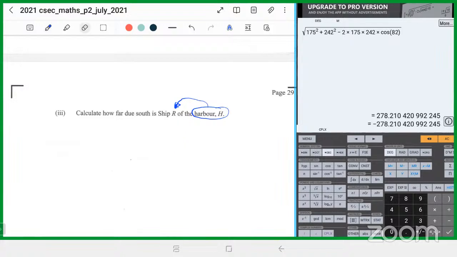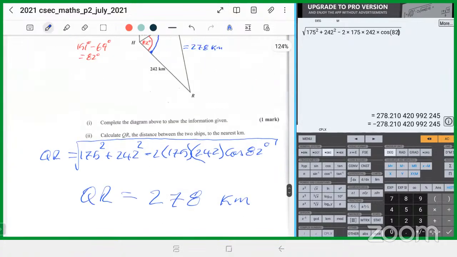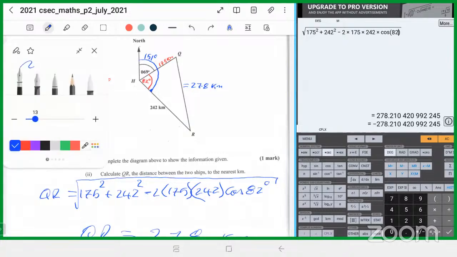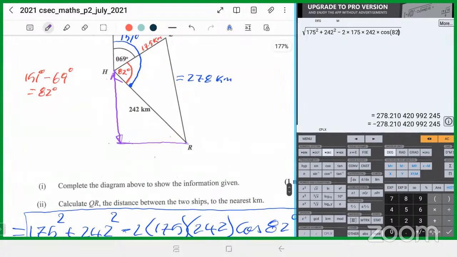Let's put on the diagram the distance they're asking for. R is down here, so they're asking for this distance, down to the east-west line through H. This is the east-west cardinal line for where R is, and this is the distance for how far south it is.